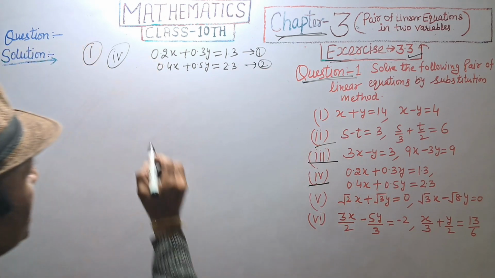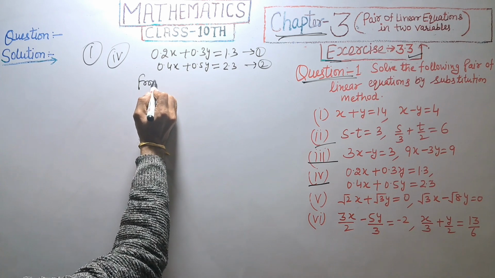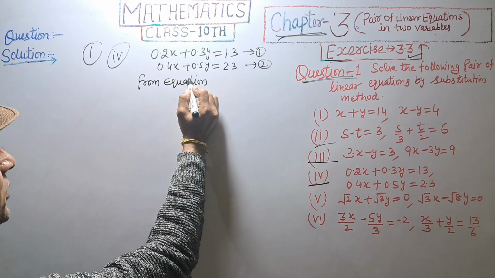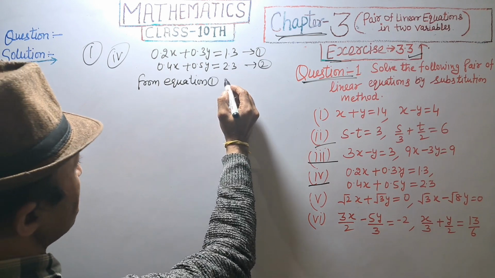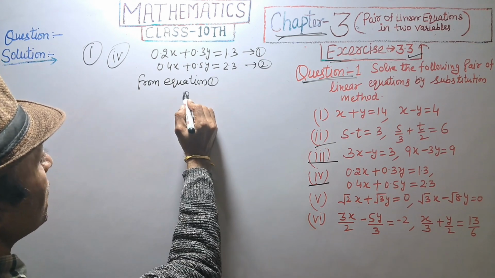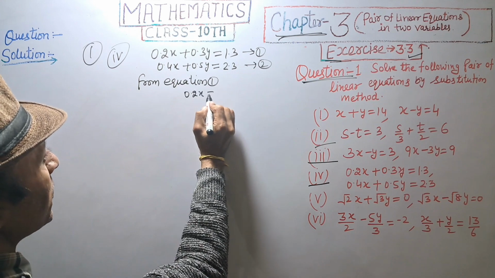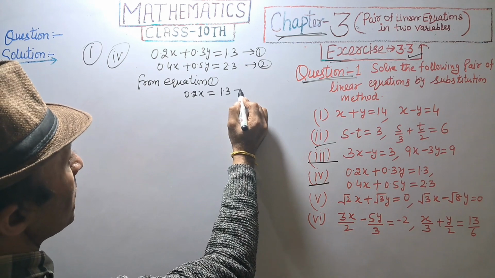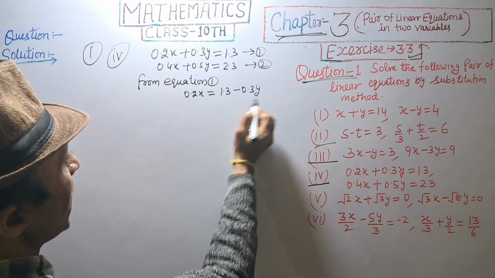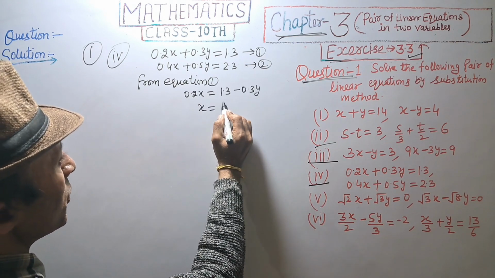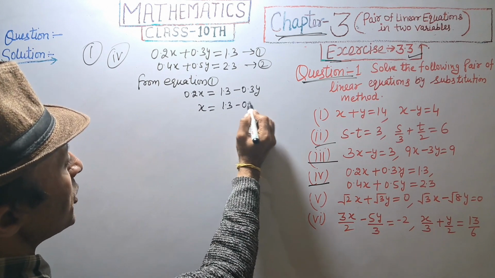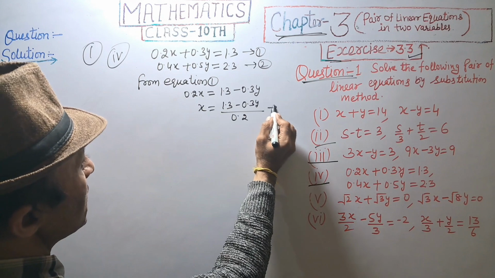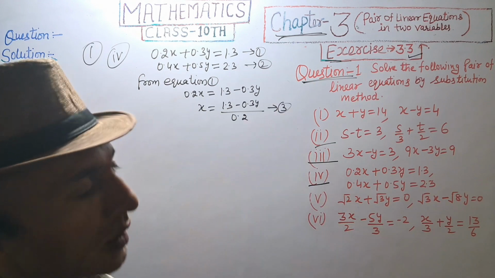From equation first, 0.2x is equal to 1.3, shifting to the right, minus 0.3y, and x is equal to (1.3 minus 0.3y) divided by 0.2. It's equation number third.